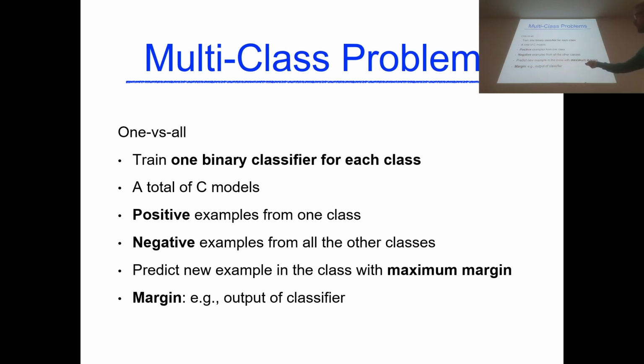So the new data sample is in the class with the maximum margin. That's how we choose between all of these C predictors. Let's collect all of the predictions and then pick the one with the maximum margin. Reasonable.